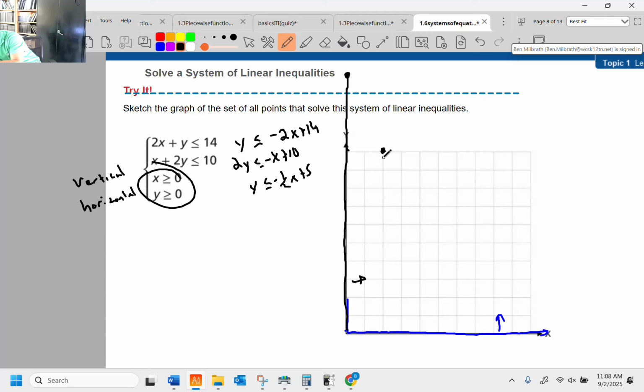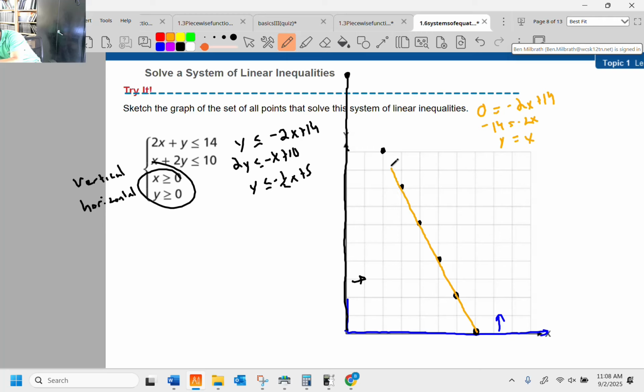Should put me about right there. Fall 2, run 1. I can check that. I can find an x-intercept by letting y equal 0. And x is 7. I did that for y'all, not me. So yeah, that's pretty good.